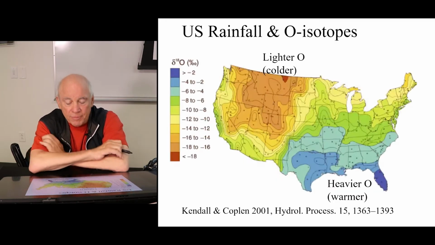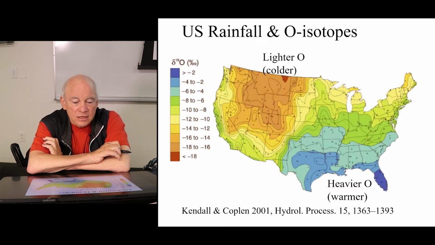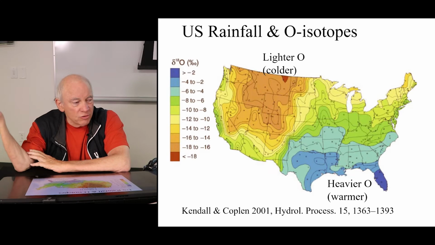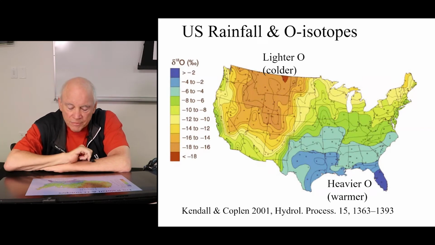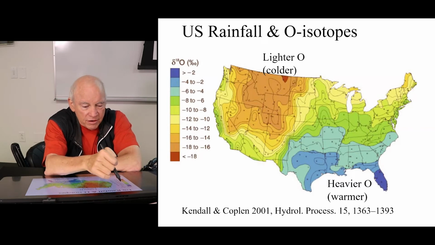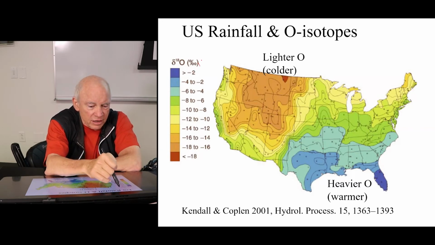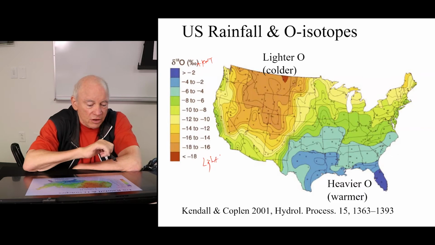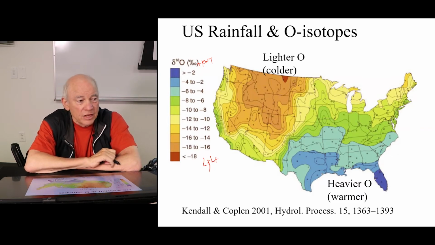So here's an example. Here we've got a map of oxygen isotopes in the United States water. What you can see here on this scale is going from heavy, this is heavy up here, to light, right? Delta-O-18 of minus 18 is lighter than a delta-O-18 of minus 2.